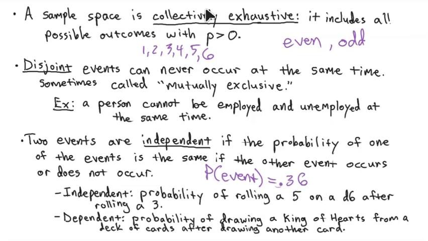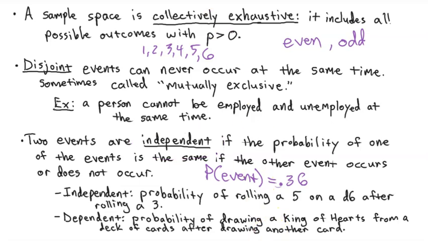So if the probability of an event is 0.36, and there's another event, and if that other event occurs, the probability of this event is 0.36, but if the other event does not occur, the probability of this event is still 0.36, then those two events are what we call independent.